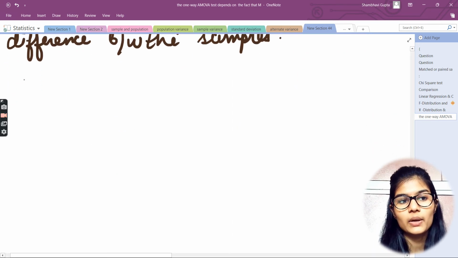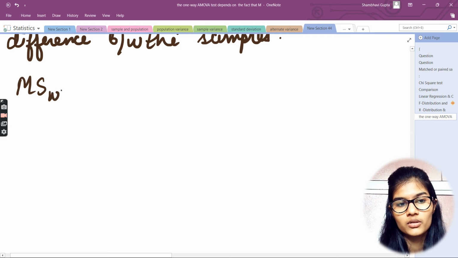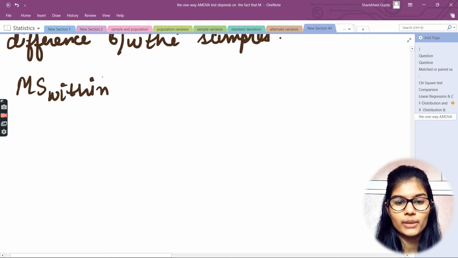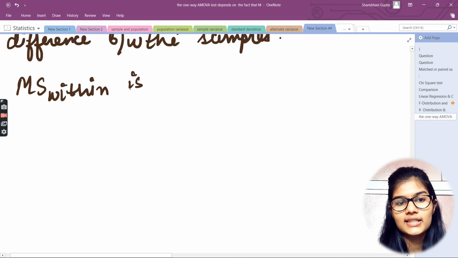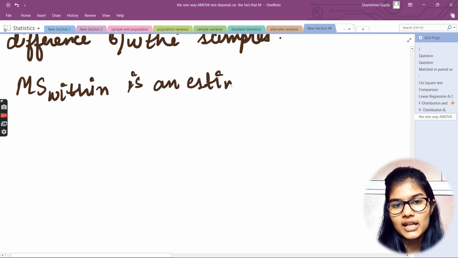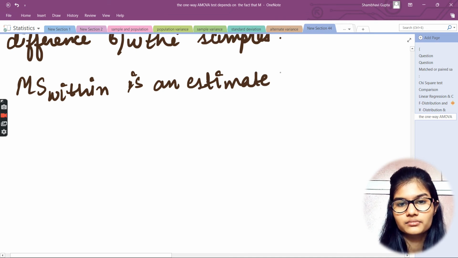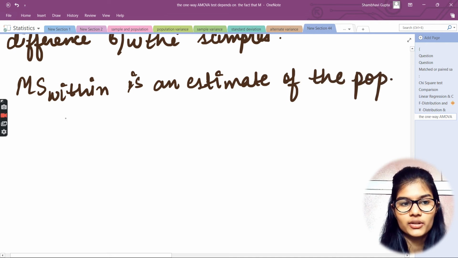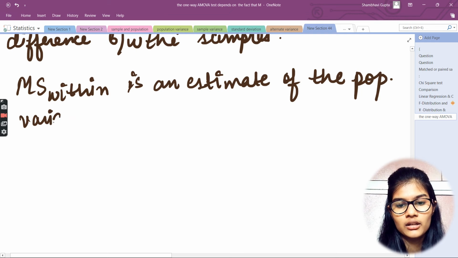Now what if I talk about the MS within? MS within is an estimate of the population variance. Okay, it is an estimate of the population variance.